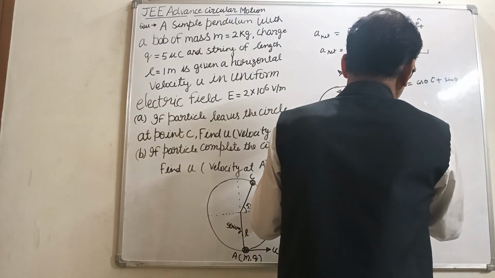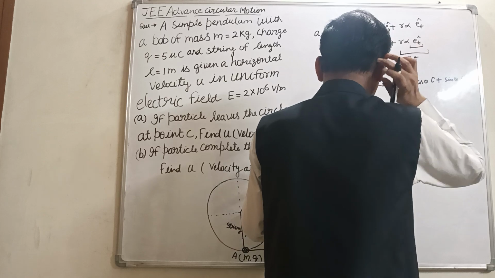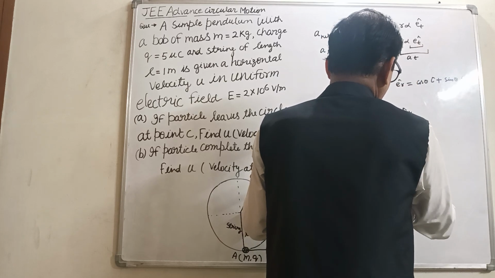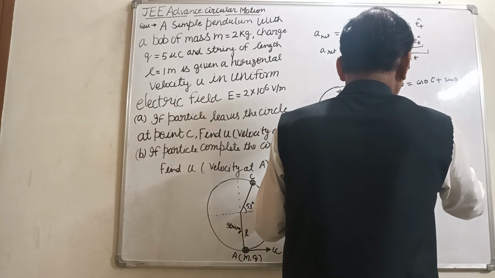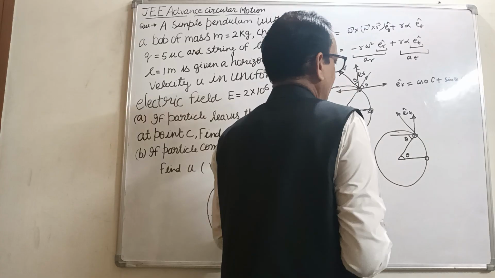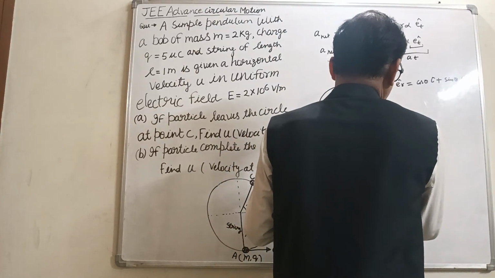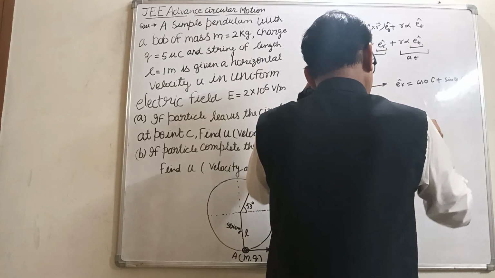What would be this angle? This angle is theta, so this angle is also theta. And the vertical component, this is the unit vector of ET, so this angle would be theta.